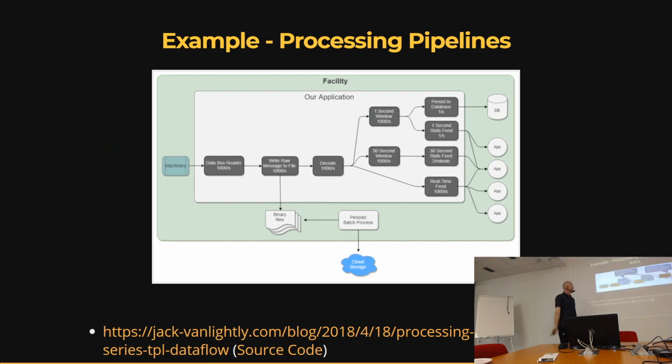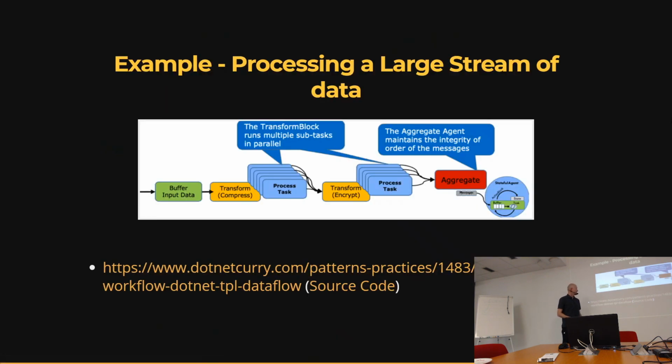And another example is from Ricardo Karel, and this is an example of how you can process a large stream of data. He takes a file that has 1, 2, or 4 gigabytes, and the idea is that he needs to compress, encrypt, and transfer this through a network.